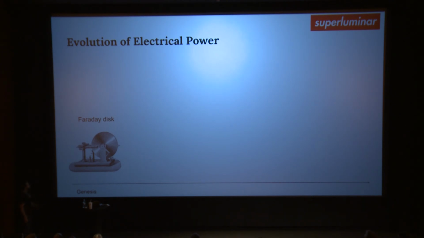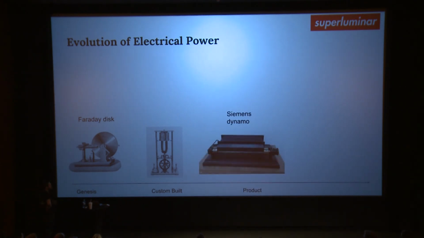Maybe there are more knowledgeable people among you. So it started somehow with a Faraday disk, then some more custom-built stuff happened with some magnets and so on, and then there was a first product. It was called the Siemens Dynamo, at least this is what I found out while researching.